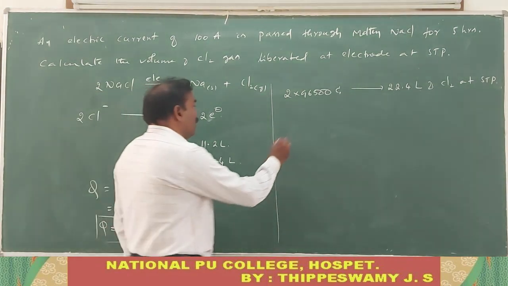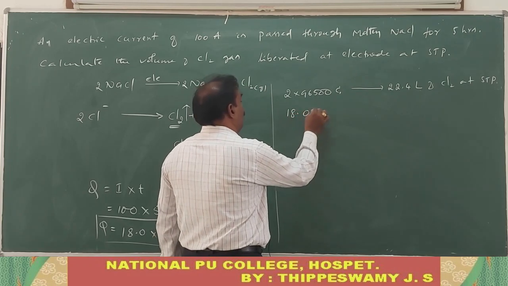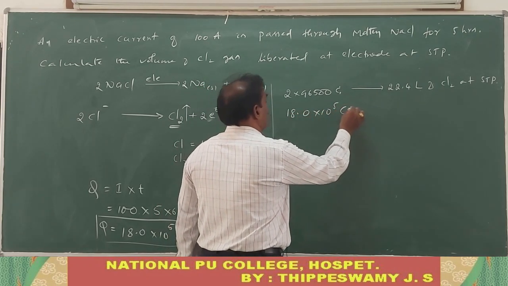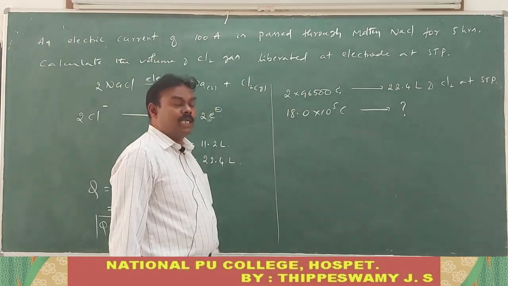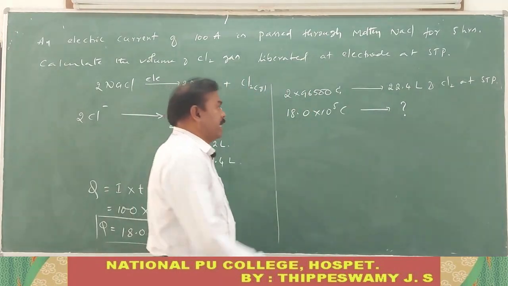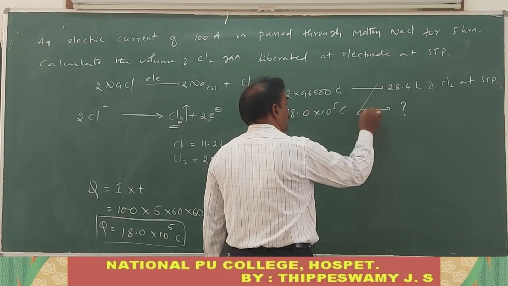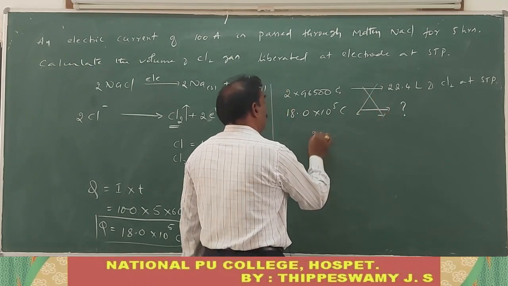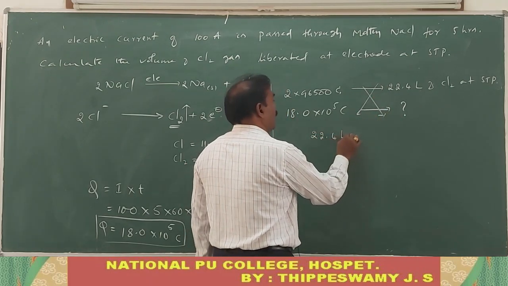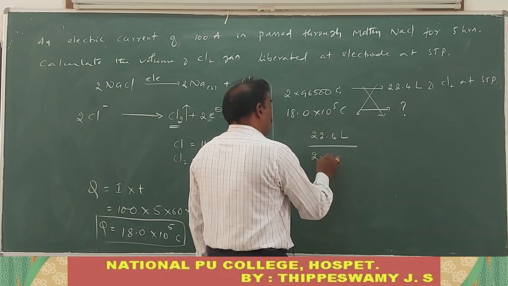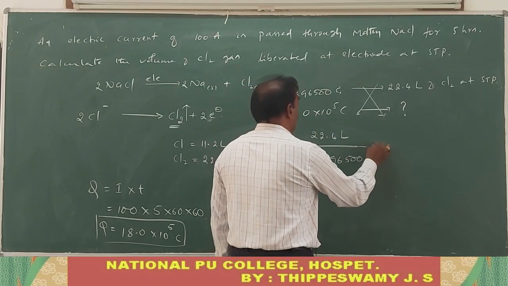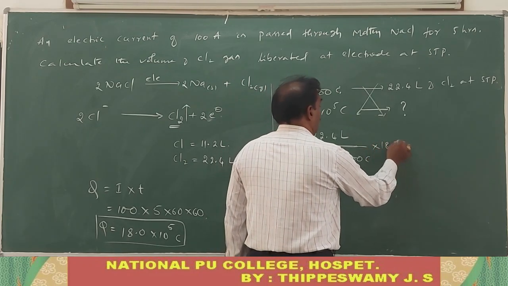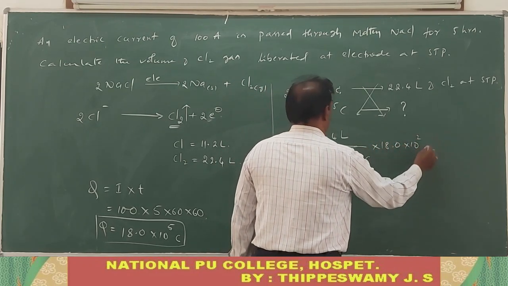So 18.0 into 10 to the power 5 coulombs of electricity produce how much of the chlorine gas at STP? Okay, on cross multiplication we can simplify this. 22.4 liter divided by 2 into 96,500 coulomb, into 18.0 into 10 to the power 5 coulomb.